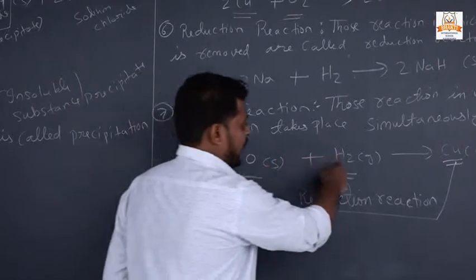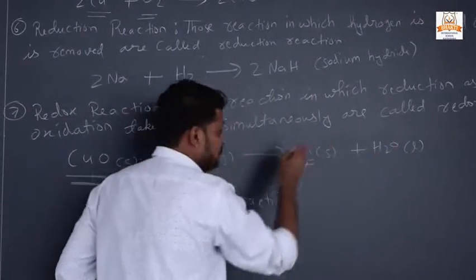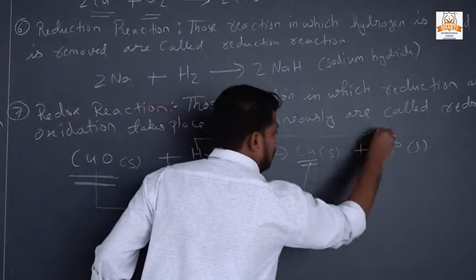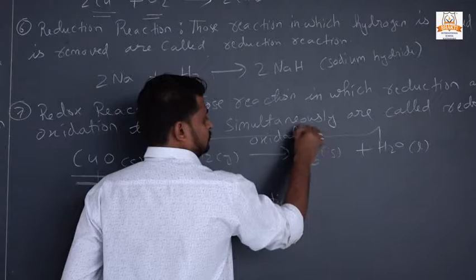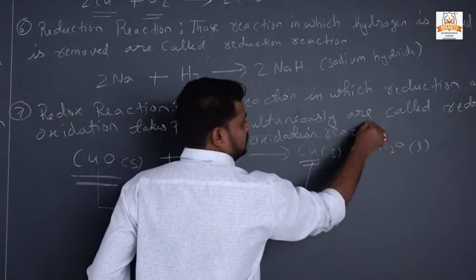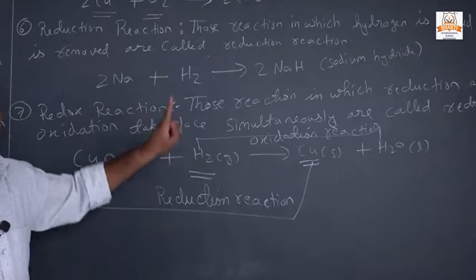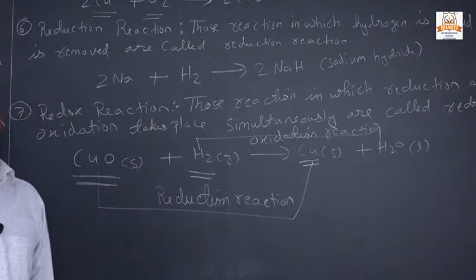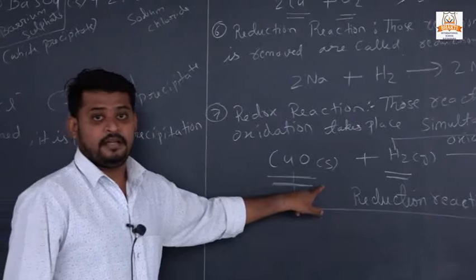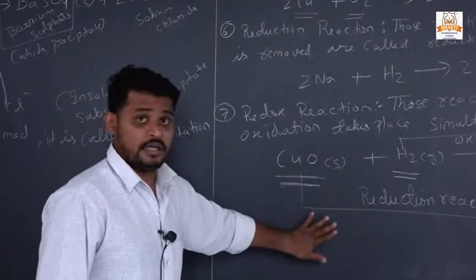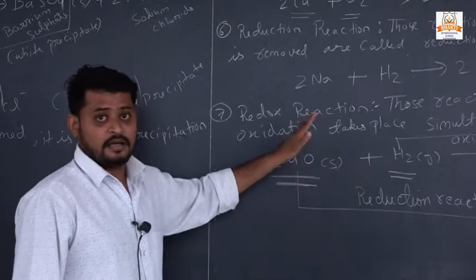And you see hydrogen, and in the product oxygen is added to hydrogen, so it is called an oxidation reaction. So oxidation and reduction are both happening together in the same chemical reaction. Do you understand what a redox reaction is?